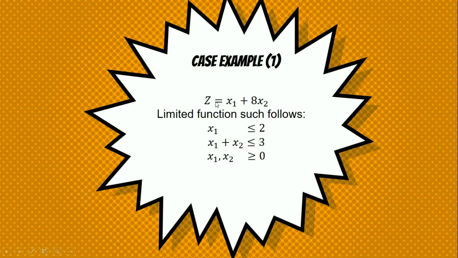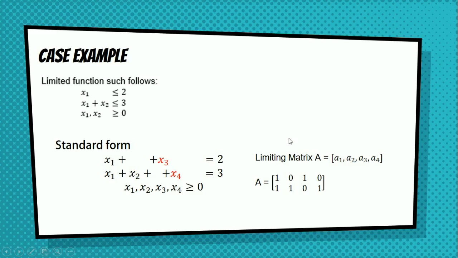This is z equal, we have an objective function. This is z equal to x1 plus 8 x2. The constraints are as follows: x1 less than or equal to 2, x1 plus x2 less than or equal to 3, x1, x2 greater than or equal to 0. Okay, first step, we change this to canonical form like we did before.